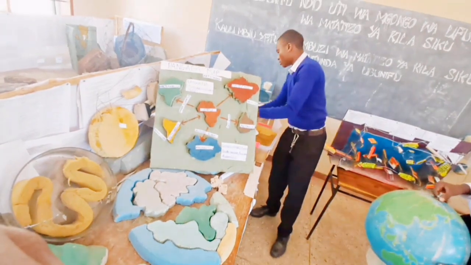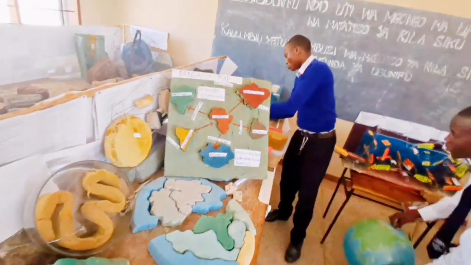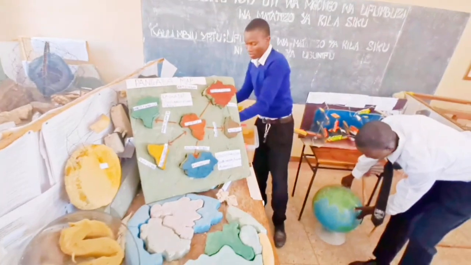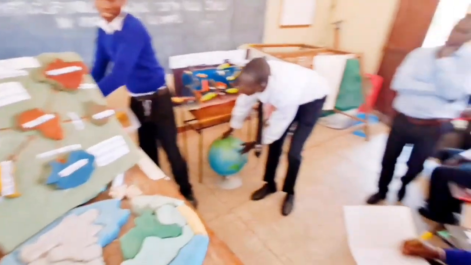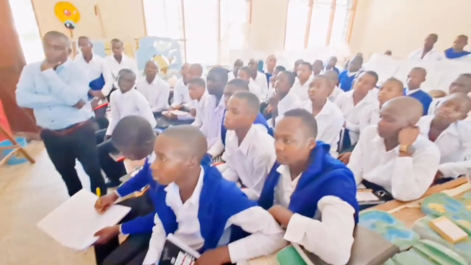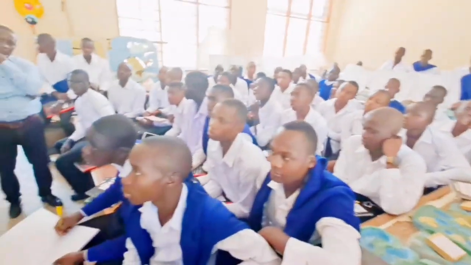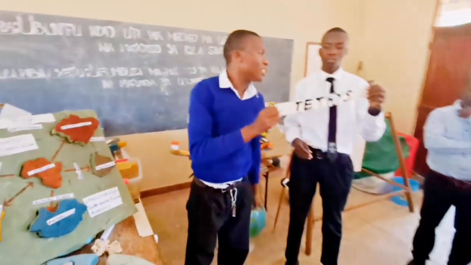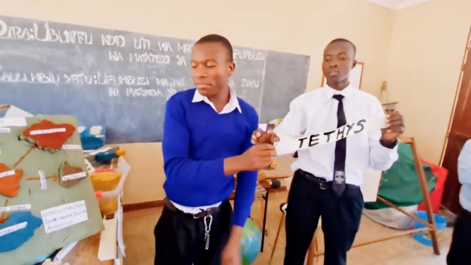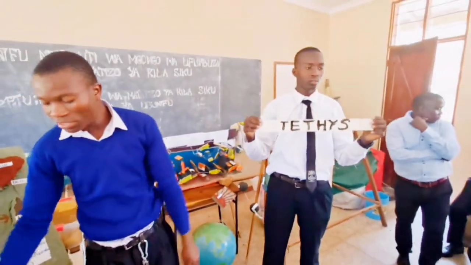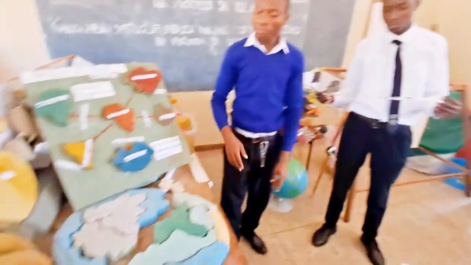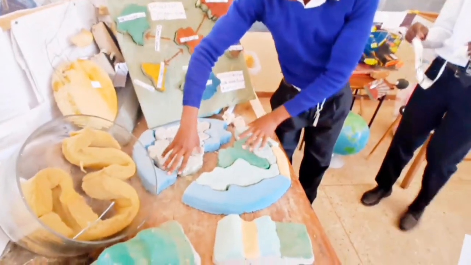Tethys. Yeah, we have Tethys. So this Tethys was the narrow sea which separated these two parts.